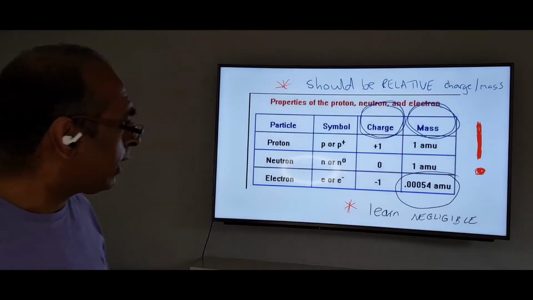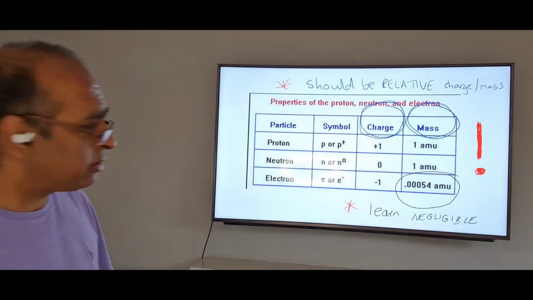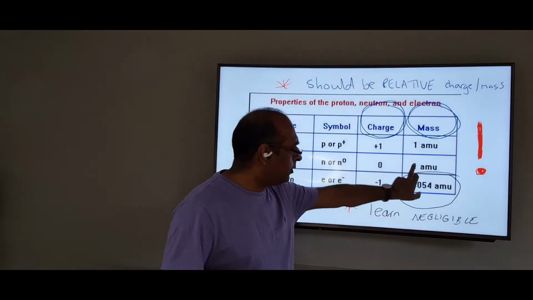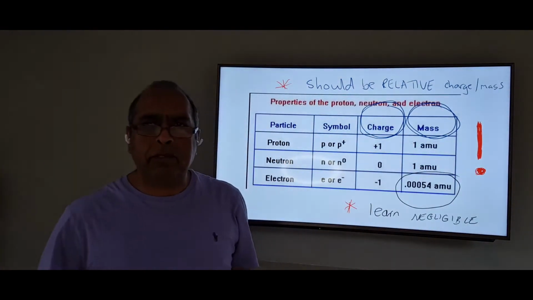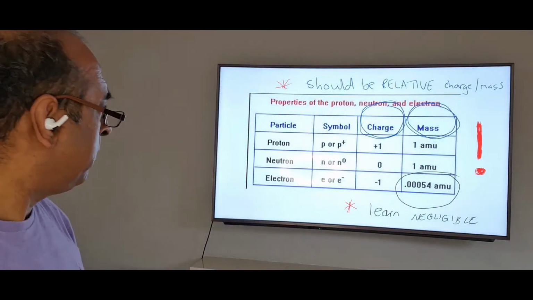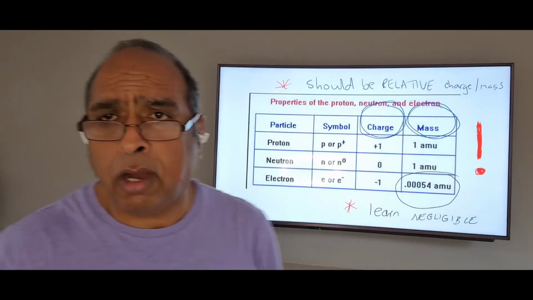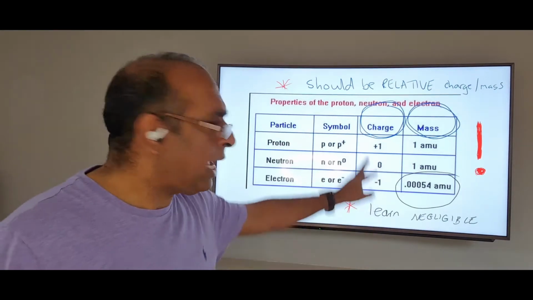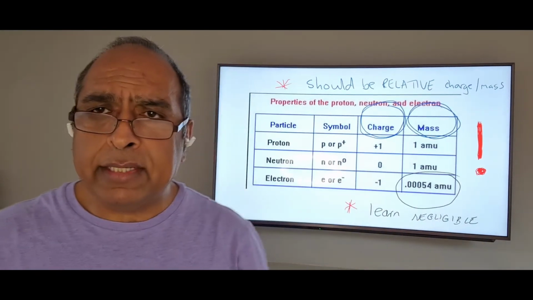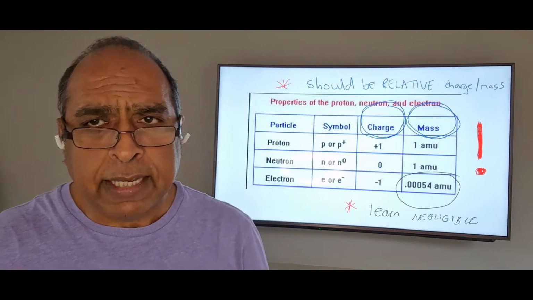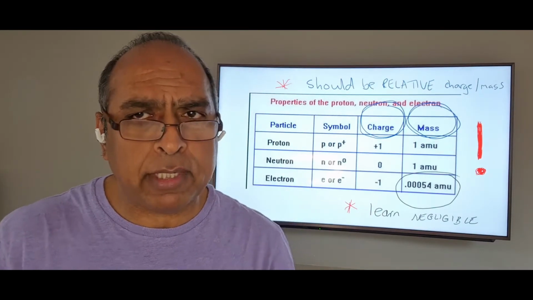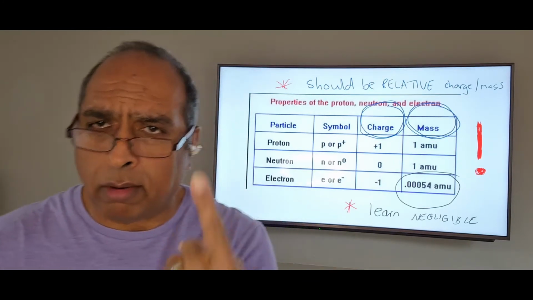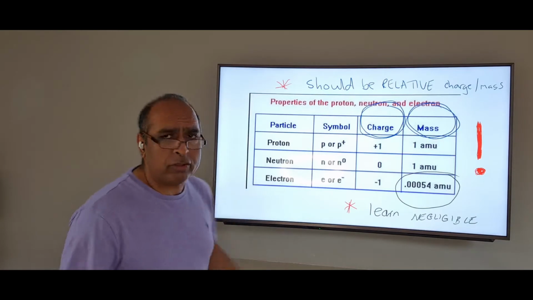Equally, I want you to label these things relative mass. Relative mass, and then that should be the number 1, and that should be the number 1, because relatively, the mass of a proton and a neutron are 1 each. And this AMU, which I don't like, is an atomic mass unit. If you take an atomic mass unit and call it the mass of a proton, 1, then the mass of a neutron is also 1.